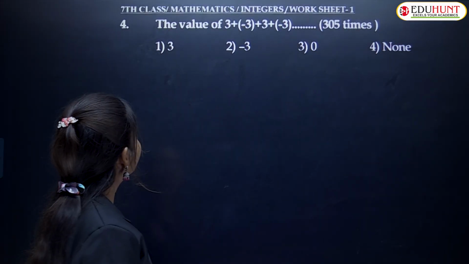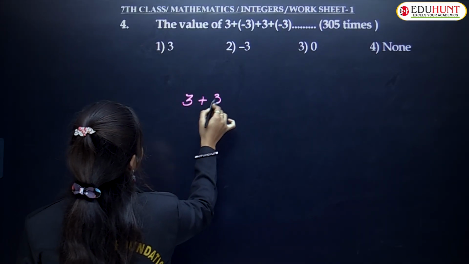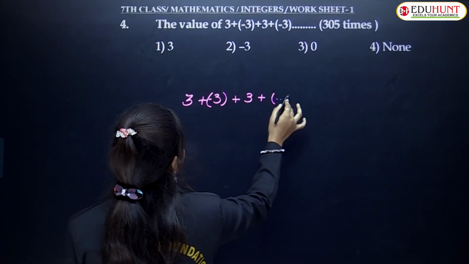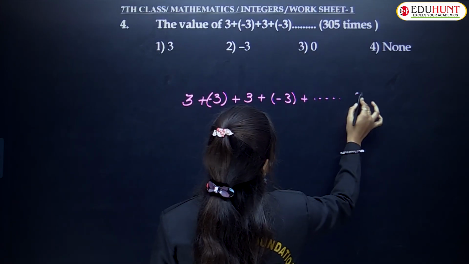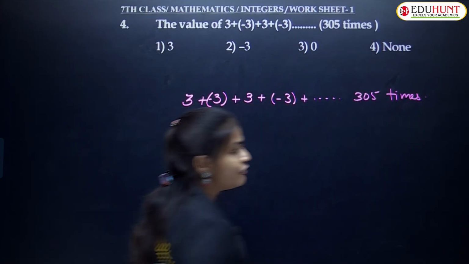Next, the fourth question. The value of 3 plus minus 3 plus 3 minus 3 and so on up to 305 times.